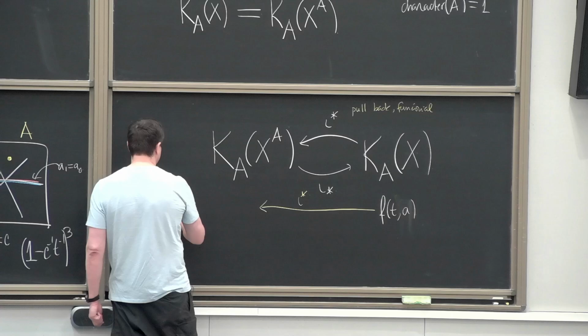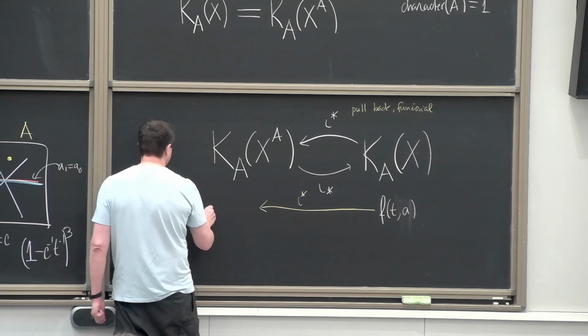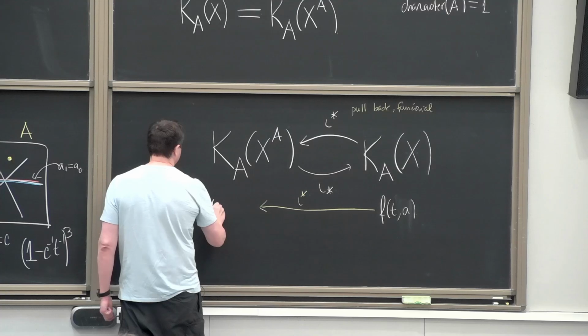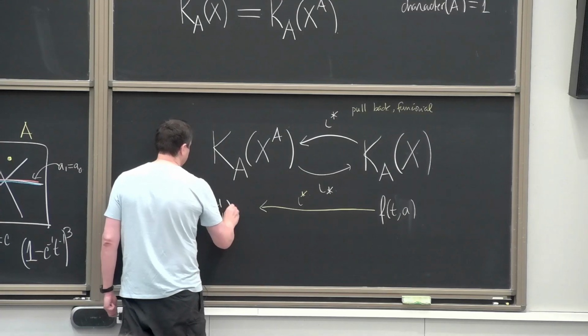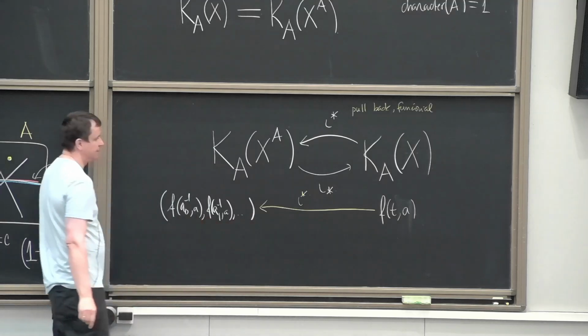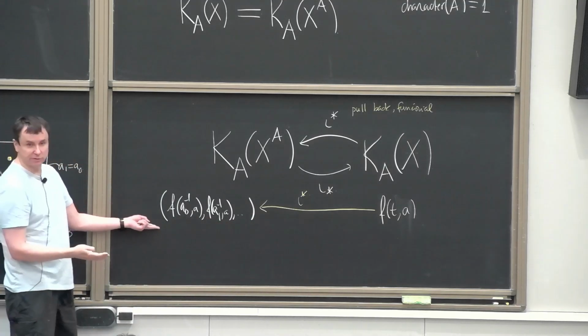You take f of A0 inverse A, f of A1 inverse A, and so forth. So I have a polynomial in one more variable.